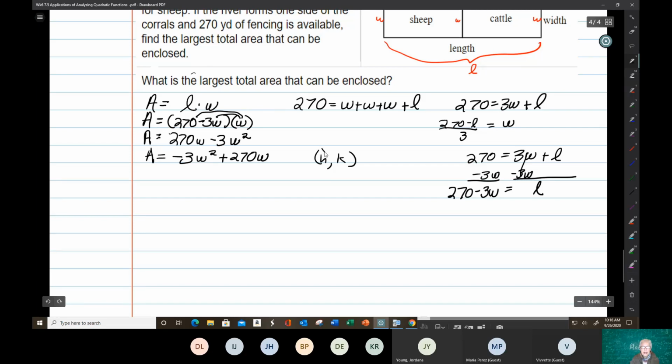H is always the X coordinate, and it's W this time that's acting like an X. We could just as easily put X squared in there, an X here.